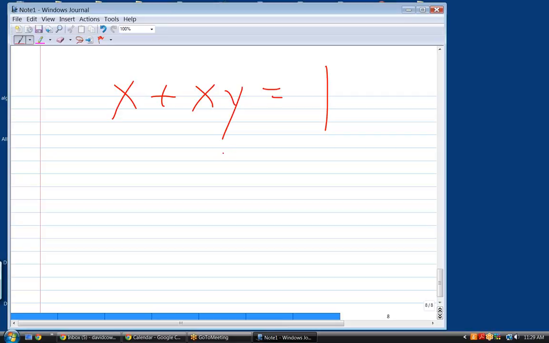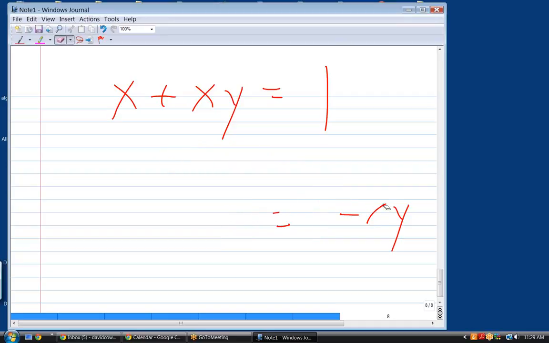I could subtract xy from both sides, and that's going to leave x on the left side, but then it's going to leave also an x on the right side, which means I haven't solved for x. You've only solved for a variable if you get it only on one side of the equation.